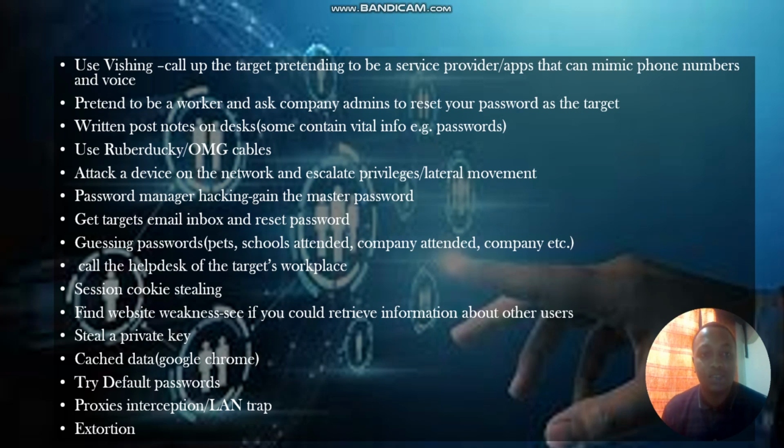Now, another way that you could gain another person's password or access to another person's network is by going through the written post notes on desks. People are very fond of writing passwords on post notes and keeping them on their desks so that they're able to remember the next time they want to log in. If you go to a person's office and they are leaving notes on post notes, these leaflets that you buy and stick on your computer or desk, and you're able to gain access to those small documents, they could mean a lot.